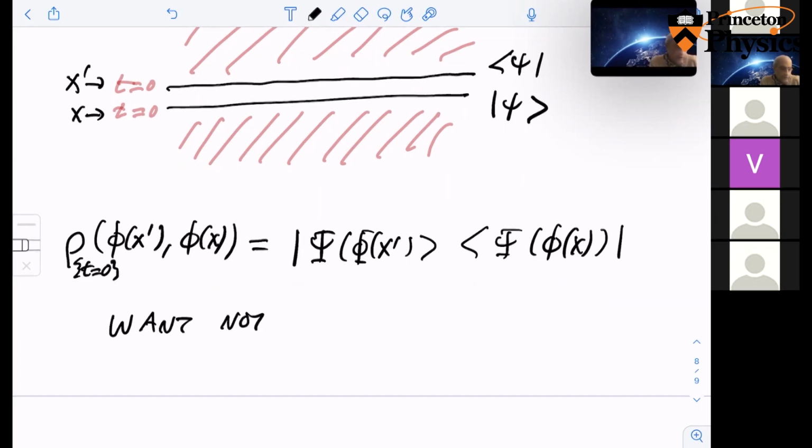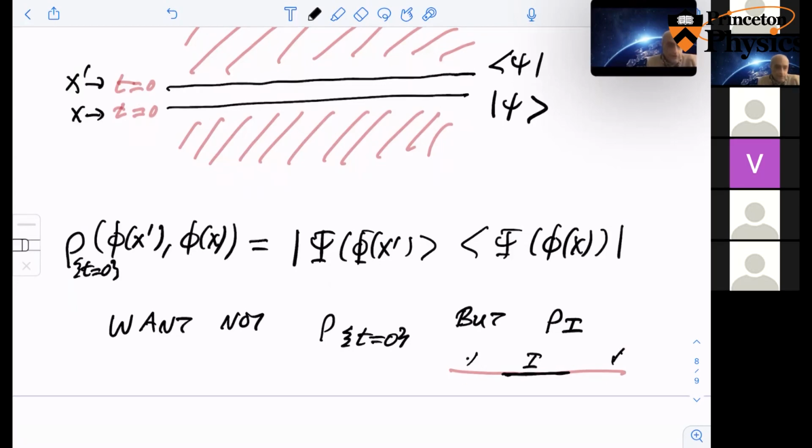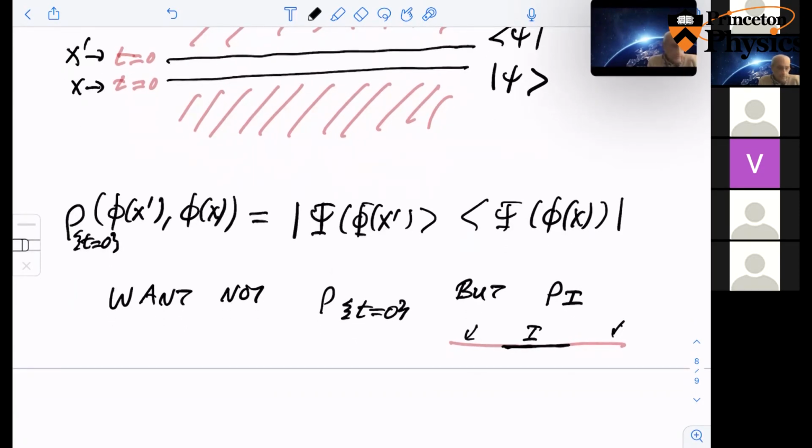We want not rho for the whole t equals 0 hypersurface, but rho for an interval I. Let's say this is the interval I, and we want to integrate out, to use the jargon, the fields elsewhere. Okay. We want to construct a density matrix just for fields in the region I, not for the fields outside.